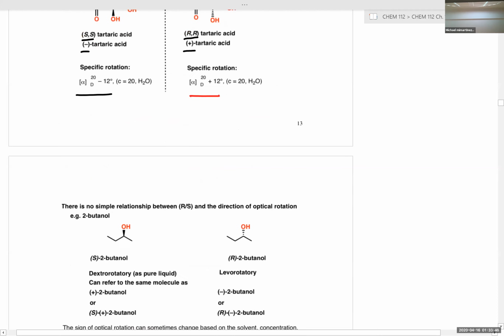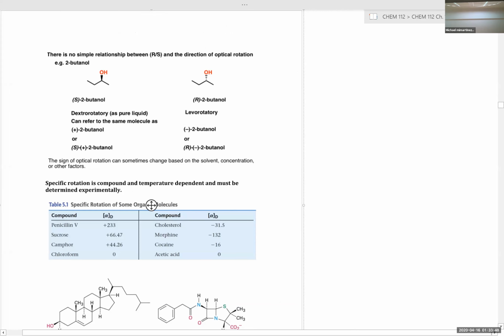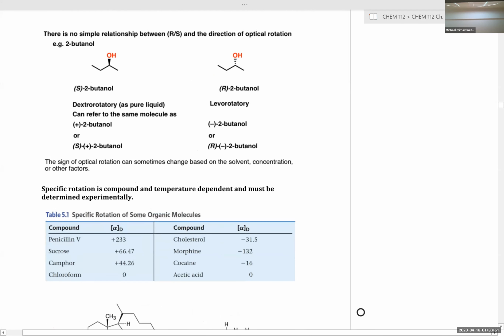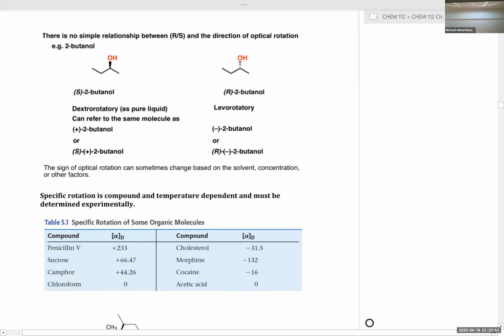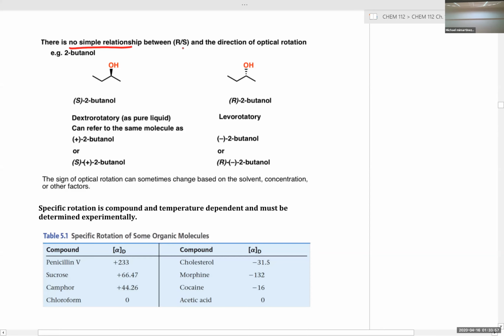Now for a word of caution. This is something that I really want to drive home, as it's a trick question that's sometimes asked on the ACS. There's no simple relationship between R/S and the direction of optical rotation. For example, the sign of optical rotation can sometimes change based on solvent, concentration, and other factors. So don't relate the plus and S in any way, or the minus and R in any way.